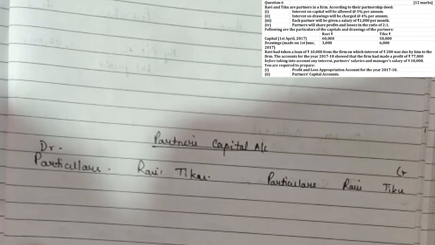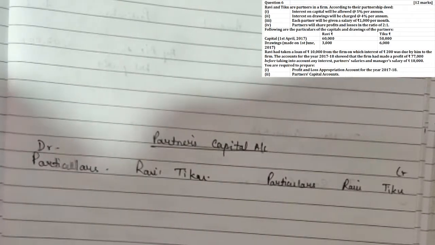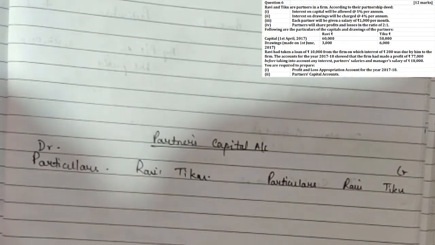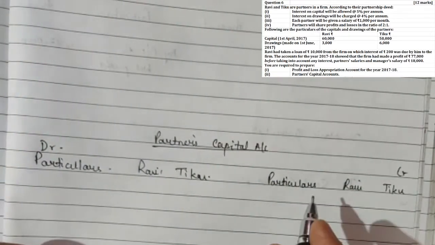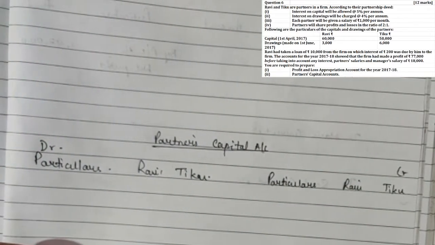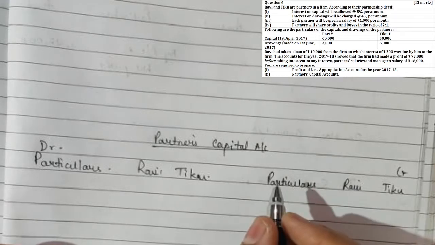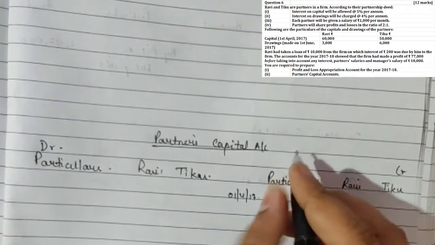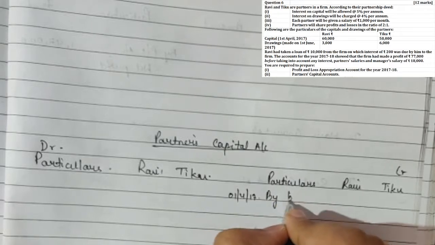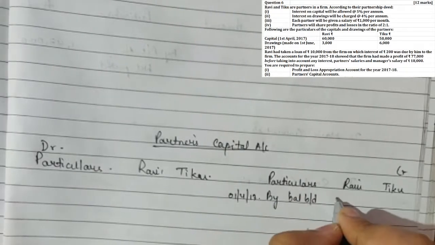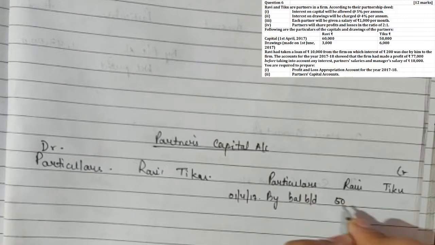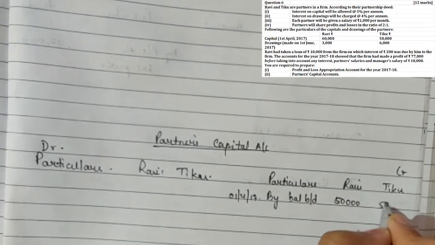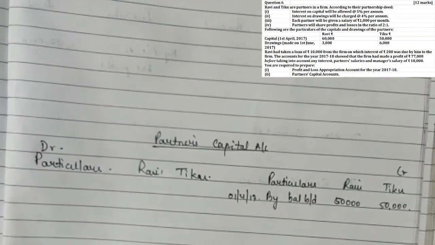First, it is given that the balances on 1st April 2017 were 60,000 for Ravi and 50,000 for Tiku. So, on 1st April 2017, by balance brought down is 60,000 for Ravi and 50,000 for Tiku.